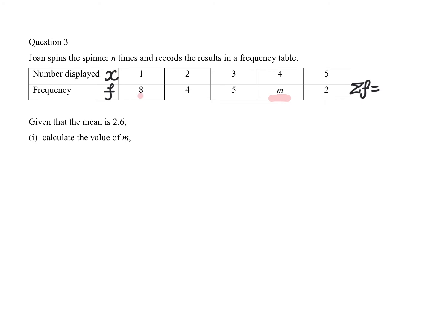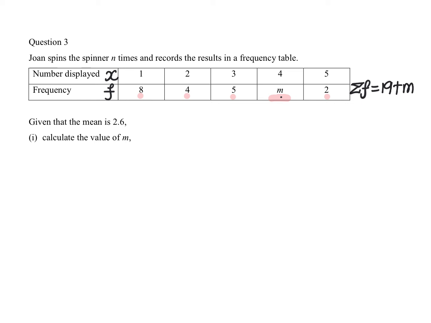So I take 8 plus 4 plus 5 plus m plus 2. 8 plus 4 plus 5 plus 2 gives me 19. So that will be 19 plus m itself. So this is my total frequency.